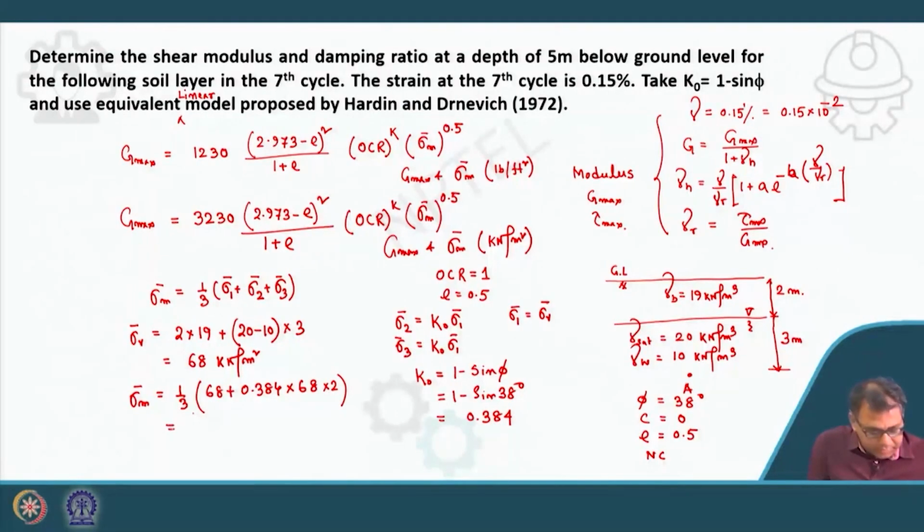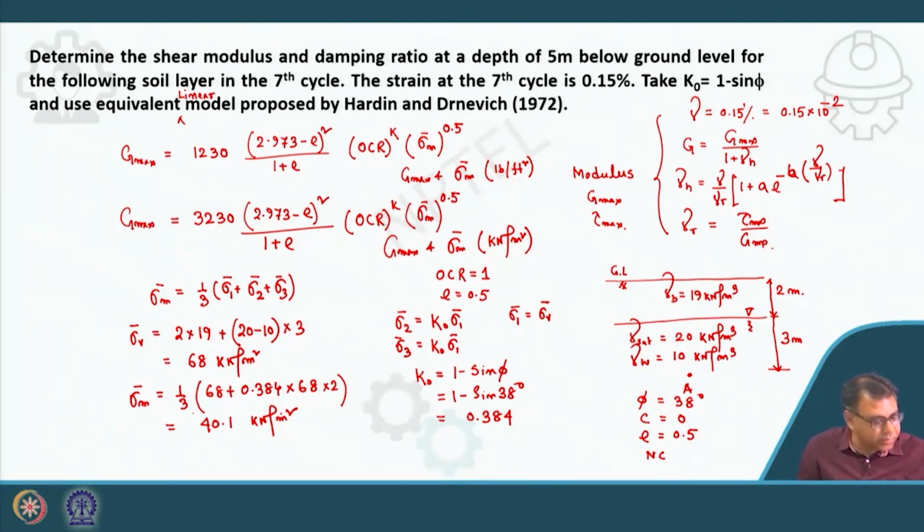So that is coming out to be 40.1 kilonewton per meter square.